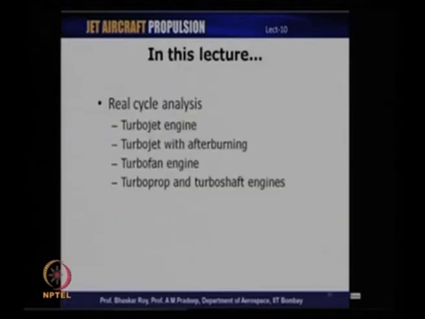So, today we have been discussing the cycle analysis associated with different types of engines, the real cycle analysis, wherein we have accounted for various efficiencies like the diffuser efficiency, the compressor efficiency, the combustion efficiency and the pressure drop in the combustion chamber, subsequently the turbine efficiency and then the nozzle efficiency.